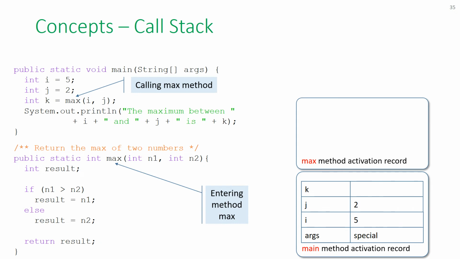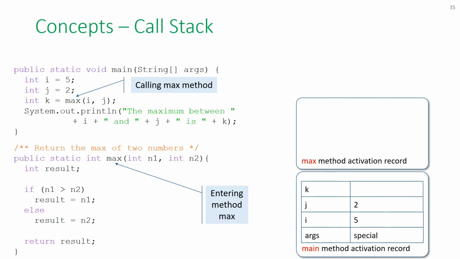So please note that I'm not saying this is the activation record for main, and this is the activation record for max. Because if I phrase it like that, and sometimes I do because I don't pay attention, any programmer that phrases it like that would kind of imply that there is one activation record per method.